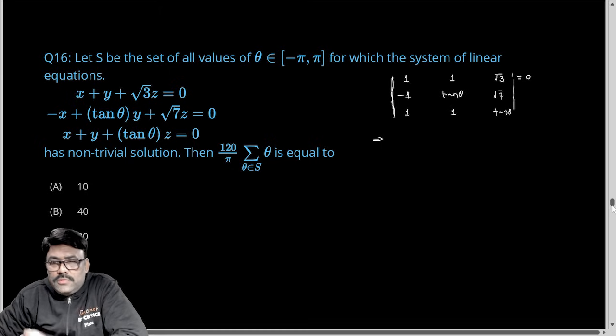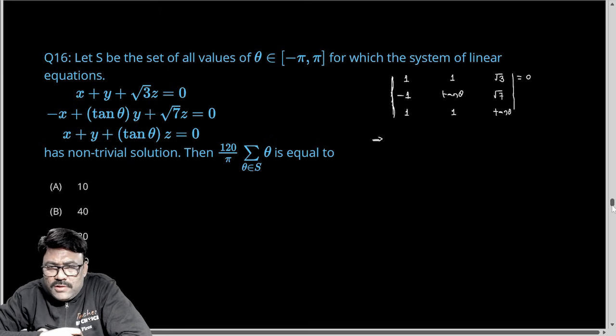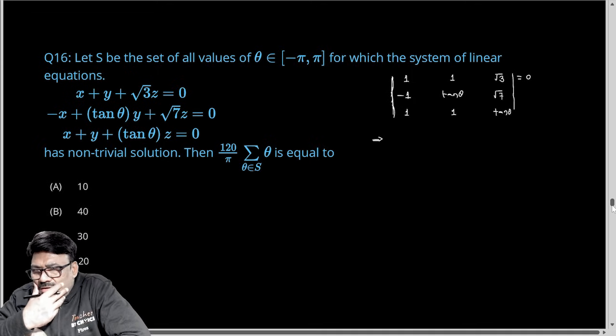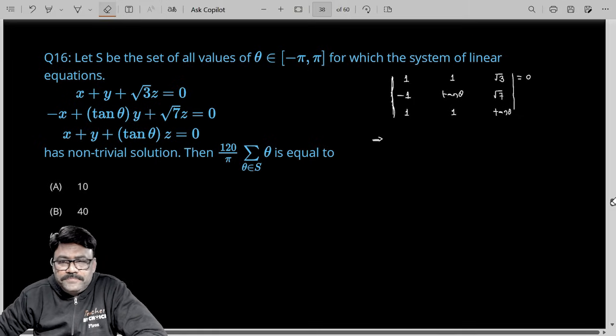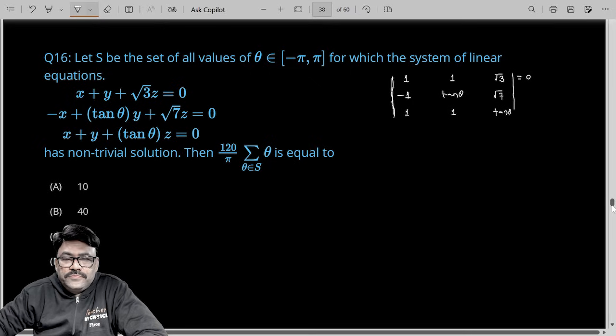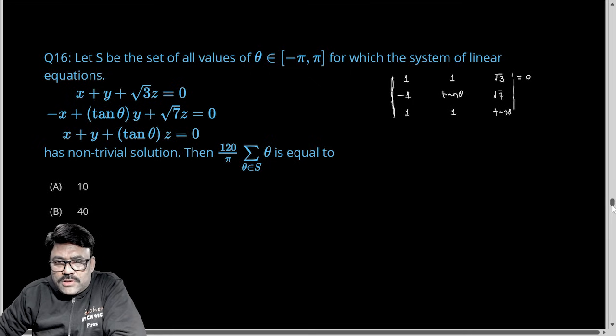Now the rows are 1, 1, root 3, then minus 1, tan theta, root 7, then 1, 1, tan theta. Let's subtract: from the second column, subtract the first column.